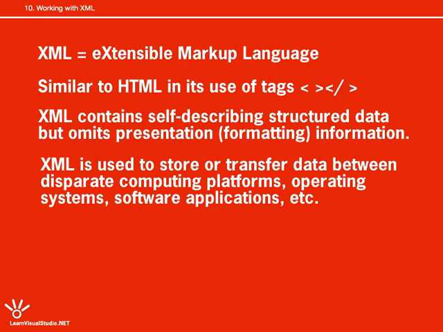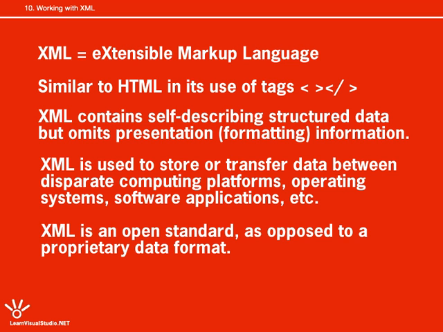XML is an easy way to store or transfer small sets of organized data between computers or between software. Now, the need for this might not be readily apparent, but consider that there are so many different software vendors that each have their own format to save their data in, and that's sometimes referred to as proprietary data formats.